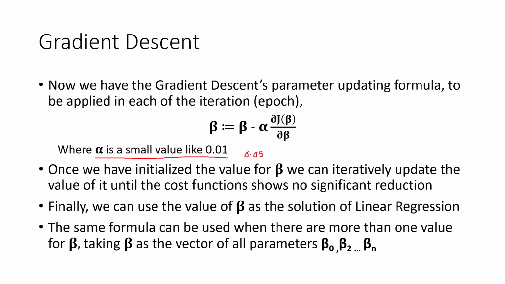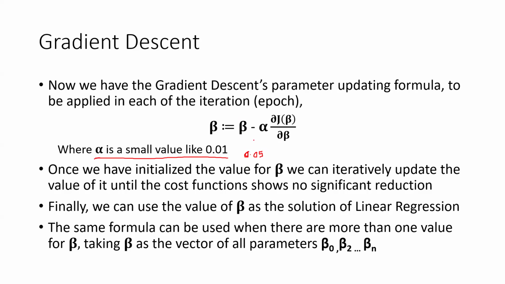Parameters are the variables which we are learning. Hyperparameters are the values that the user, the data scientist, data engineer or analyst sets manually with their knowledge. So the learning rate is a hyperparameter that you have to set by your knowledge, right?